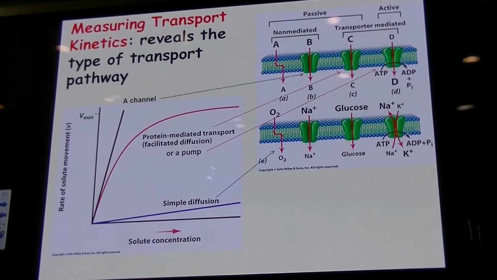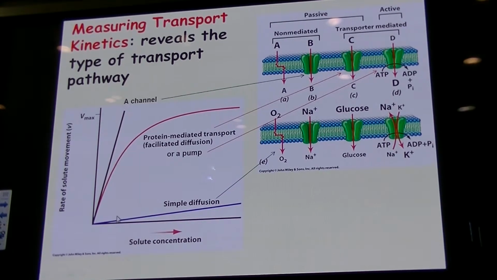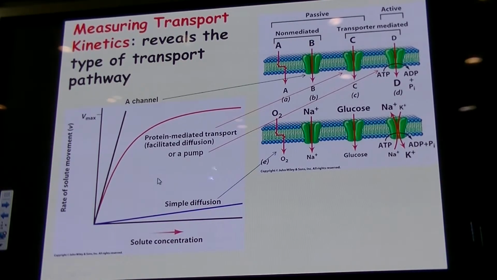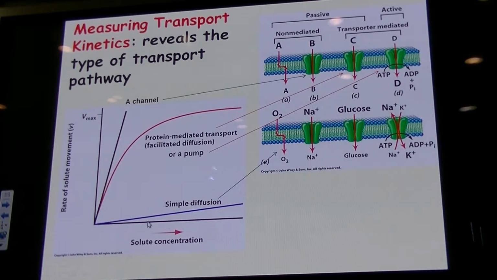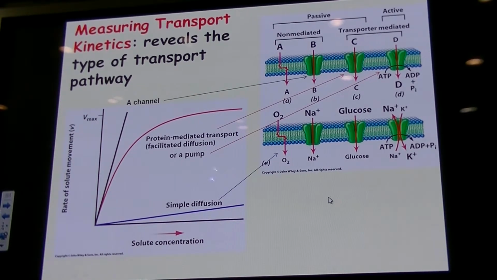So why do we want to do this? We want to do this because what a curve looks like tells us a lot about what the type of transport mechanism could be. If we have a very slow rate of uptake, but it's going up linearly with the concentration, then we suspect that this molecule is just diffusing into the cell passively.